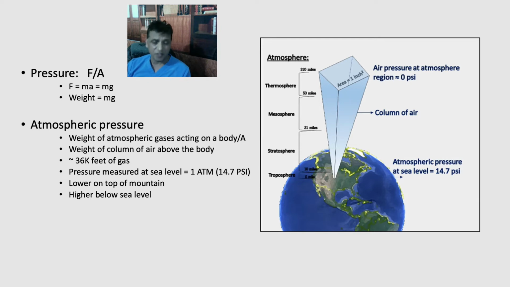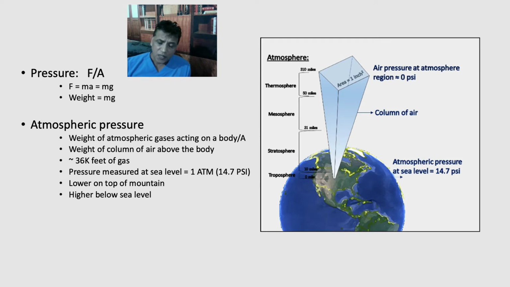But the height of the skyscraper is 36,000 feet. So it's a very tall and thin skyscraper made entirely out of air, gases. The weight of this skyscraper will be 14.7 pounds. And that is atmospheric pressure of 14.7 pounds acting on a square inch of your body, right?